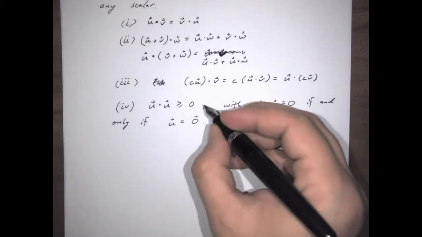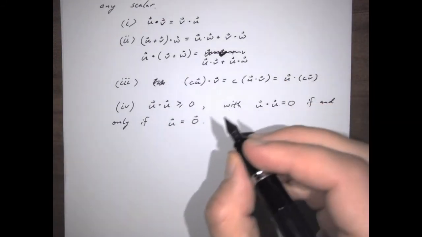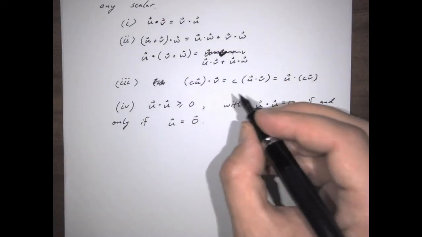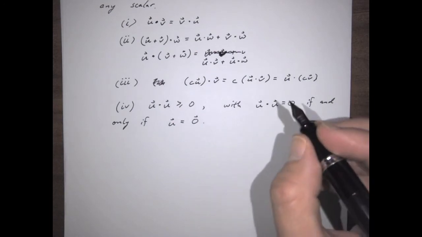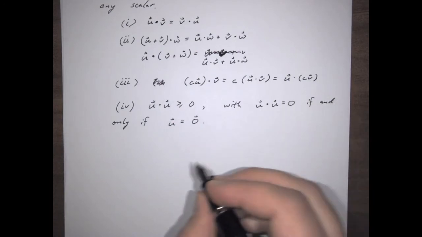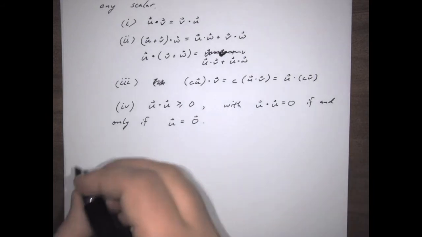So what this is saying is a dot product is always going to be producing some scalar. If you take a dot product of a vector with itself, that means that will always be a non-negative scalar. And as long as the vector isn't 0, it'll actually even be a positive scalar.